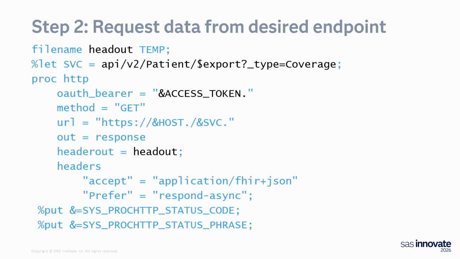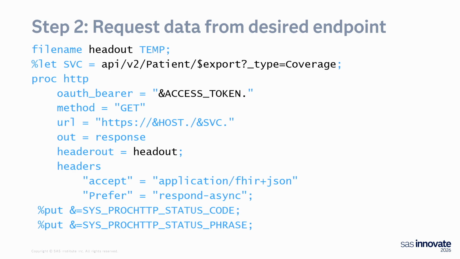You'll notice that it has a question mark. So everything to the left of the question mark is what I would call the service call, and to the right of the question mark are the parameters. In this case, there's one parameter. Apparently, it's called _type, and it has a value of capital C Coverage. Again, you only know that by looking at the documentation, but this is a service call that we want to run at this point.